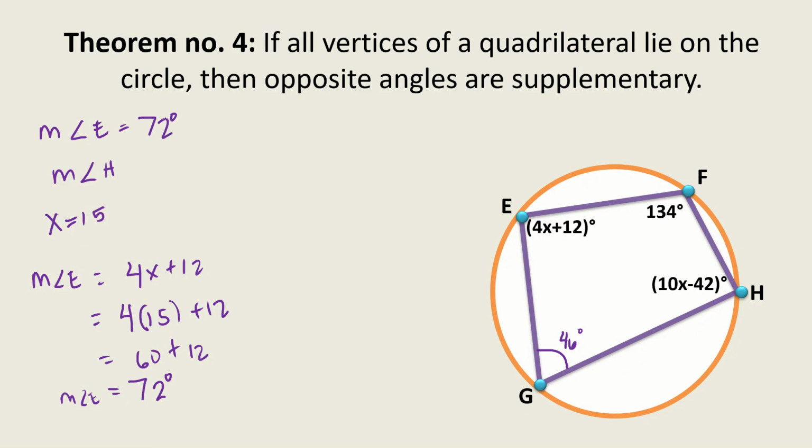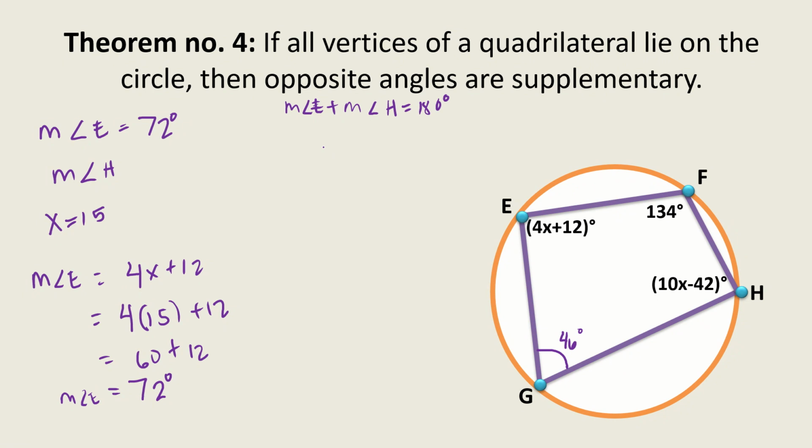So for us to get the next angle, pwede na po nating i-minus na siya sa 180 or pwede pa rin i-solve for, i-substitute si x. So, gawin natin parehas ha. So, kung gagawin natin na minus lang sa 180, di ba pwede natin sabihin that the measure of angle E plus the measure of angle H ay 180 kasi nga di ba opposite angles are supplementary.